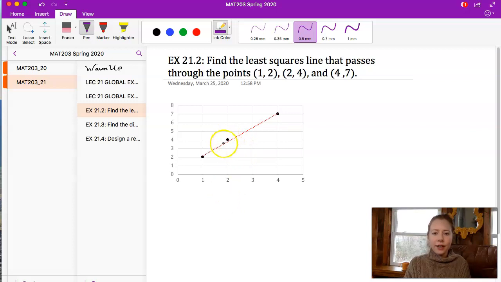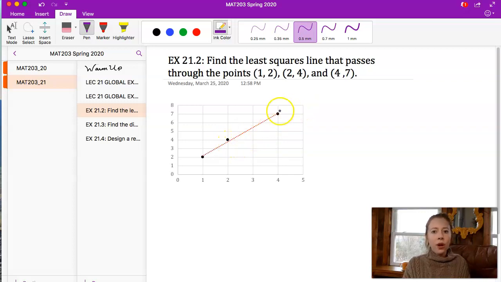So if we looked at this point right here, it's some distance in the y away from our best fit line, and it's some distance in the x from the x for our best fit line. And so if we use those distances in the y and x direction, and we calculated the area of a square for its distance away.